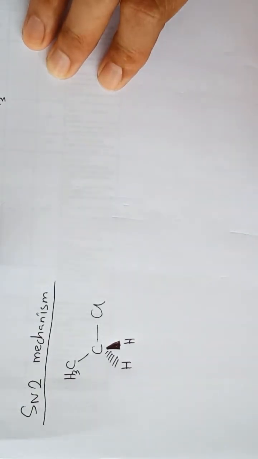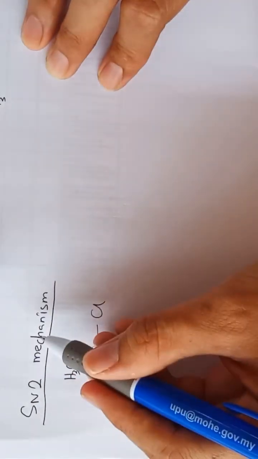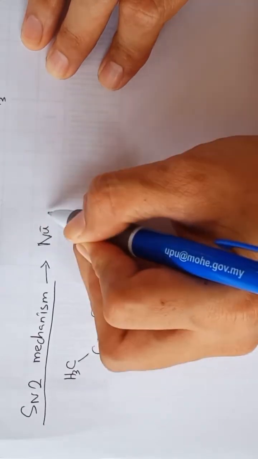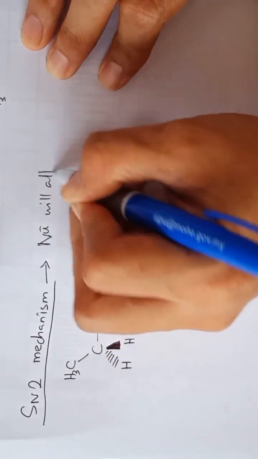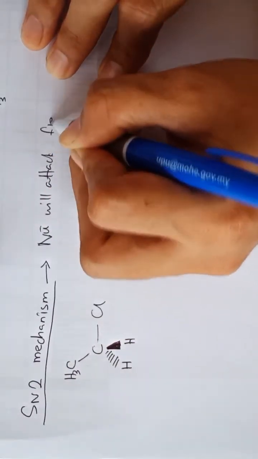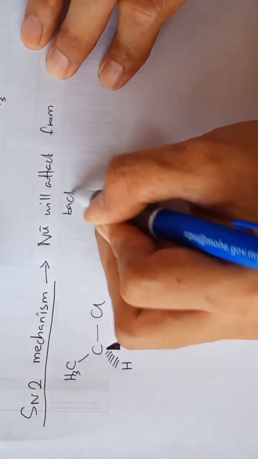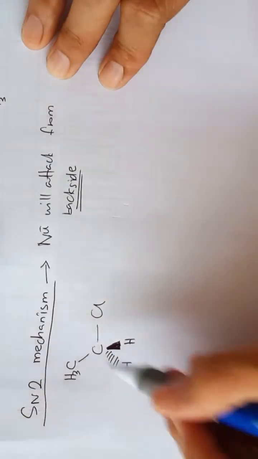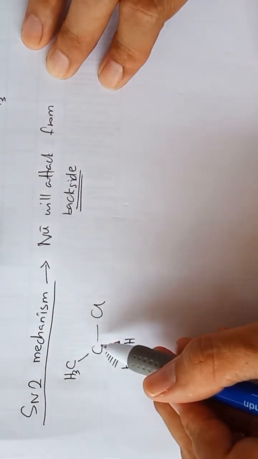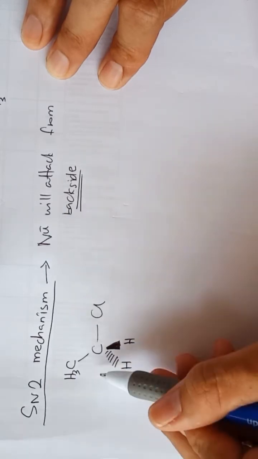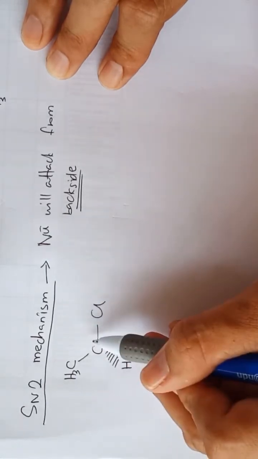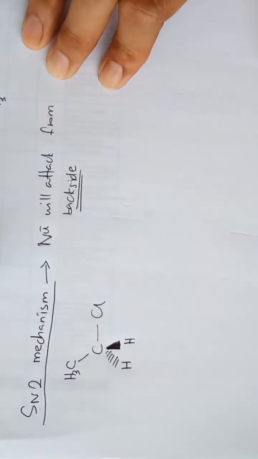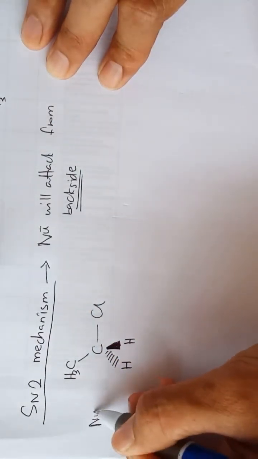Remember for the SN2 mechanism, how the mechanism works is the nucleophile will attack from where? From the back side. It attacks from the back of the carbon, from behind the carbon chlorine bond, not from the front. That is how the SN2 mechanism works. So here we have the nucleophile.